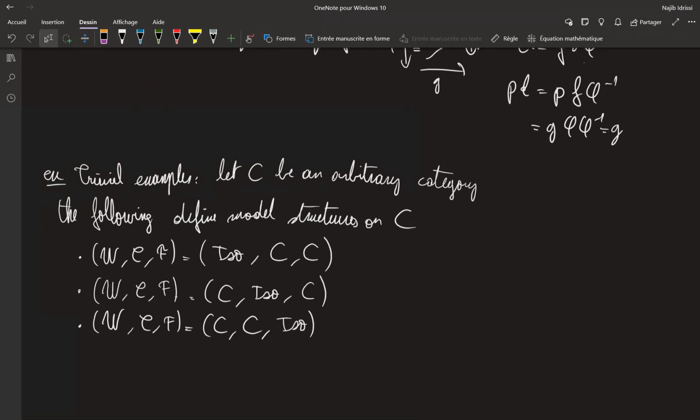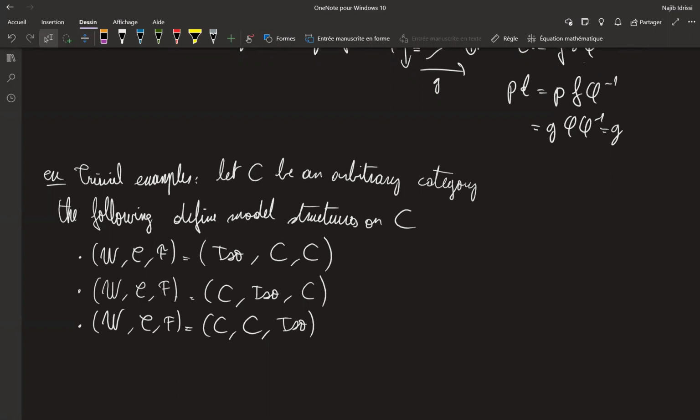Of course, they are completely pointless. But their only merit is to exist, basically. But still, at least you have examples. Why do I say they are pointless? It's because what's the point of a model category?